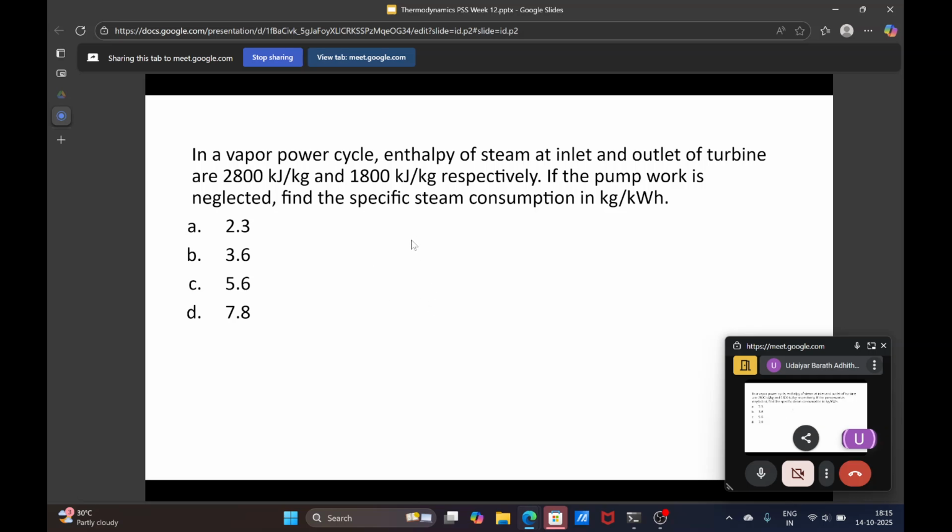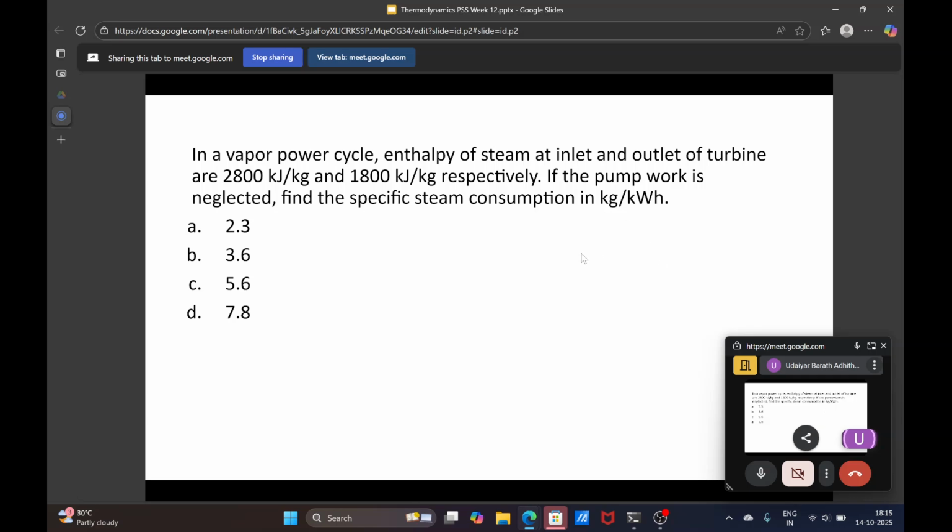So you know W is m dot into delta H for a turbine. If you apply the steady flow energy equation, assuming an adiabatic turbine, which is generally the case we will assume, Q will be 0, and neglecting kinetic and potential energies, what we get is work equals m dot into H in minus H out.